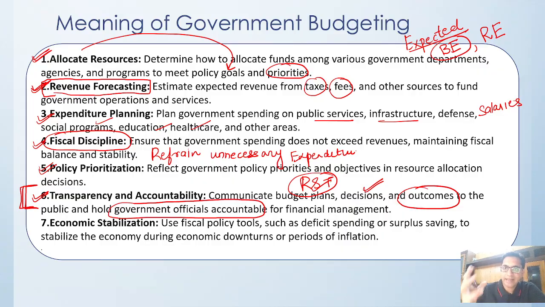Okay, so with the help of these fiscal tools, whatever resources the government has, the money and everything, we help in stabilizing our economy. Sometimes we have less money, so we have to borrow from places. Sometimes we have more money, so we save that surplus.